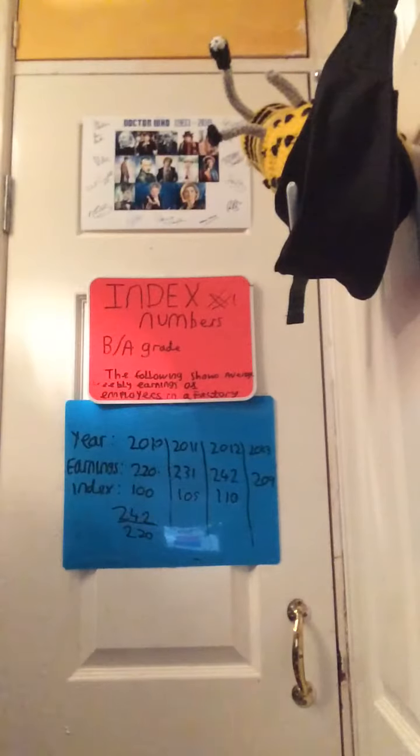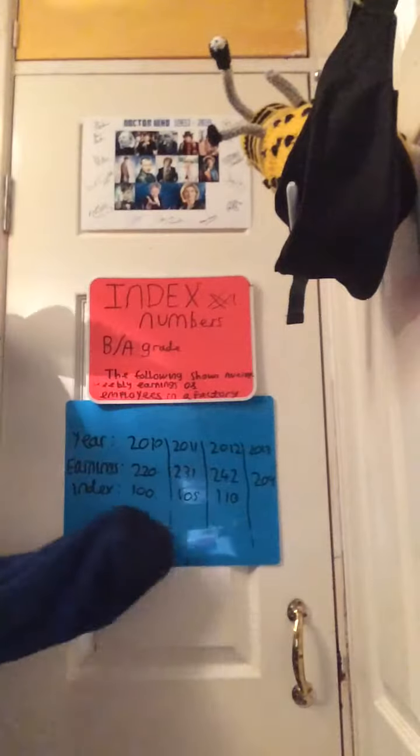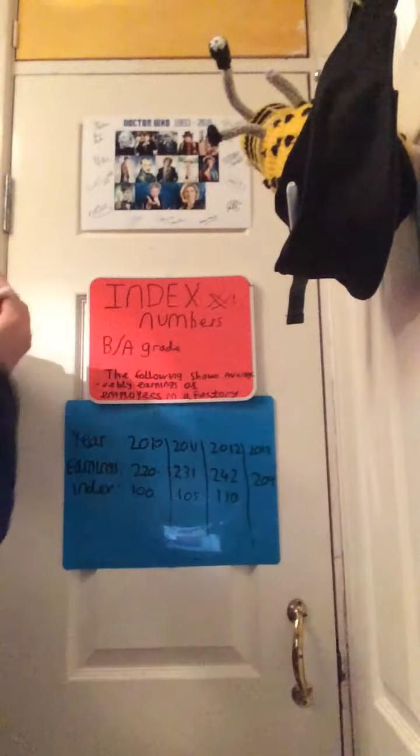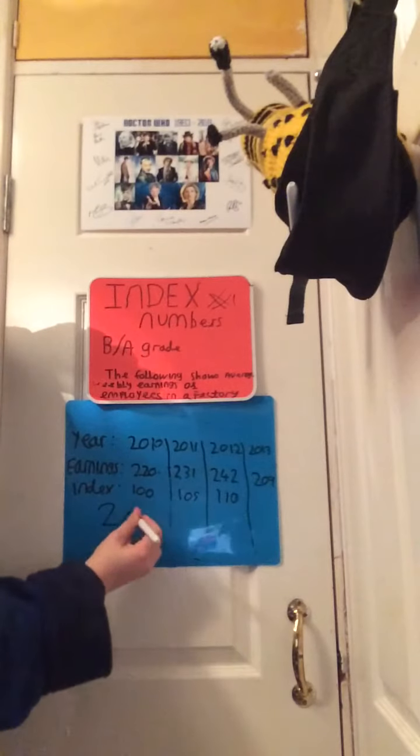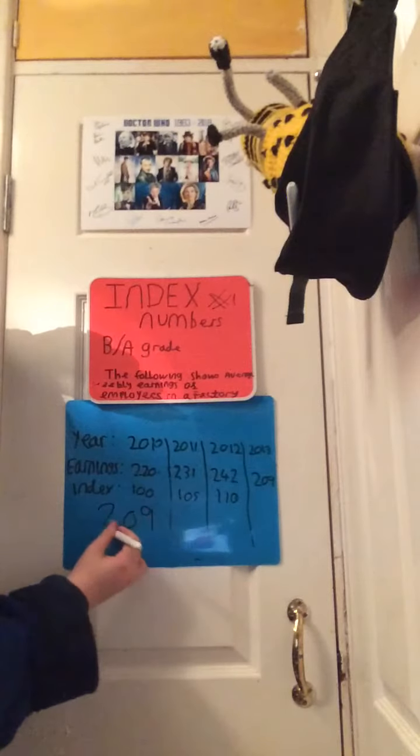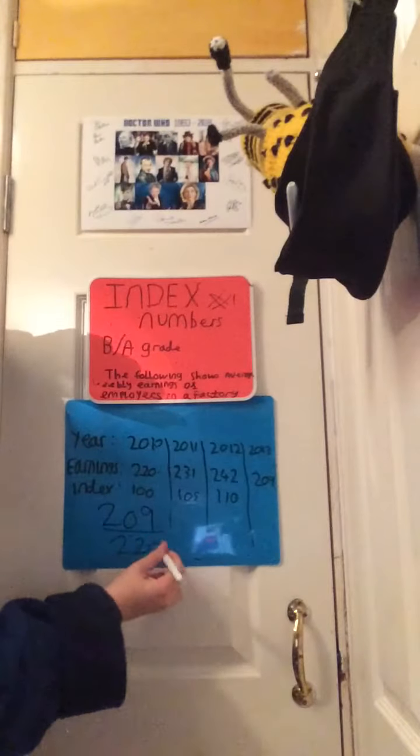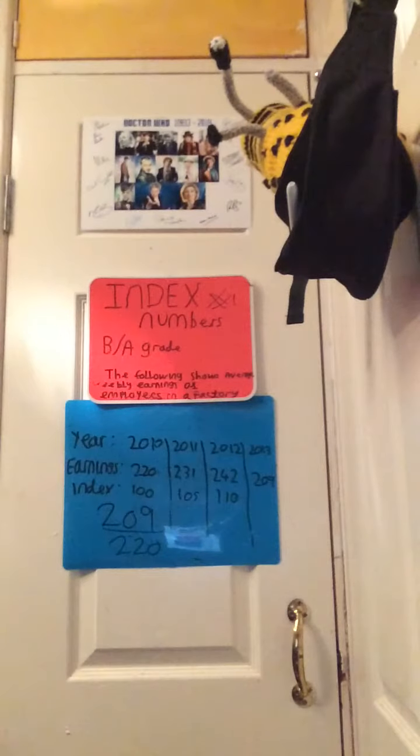Now notice that the earnings are lower this time, so we can have a number less than 100 for the index. So we're going to be doing 209 over 220 times 100. 209 divided by 220 is 0.95.